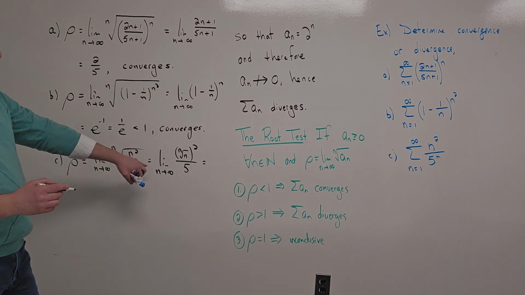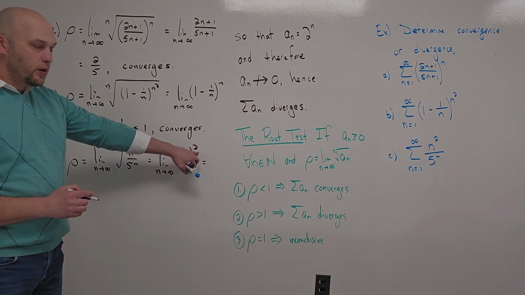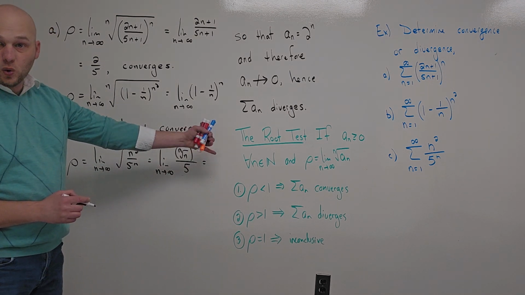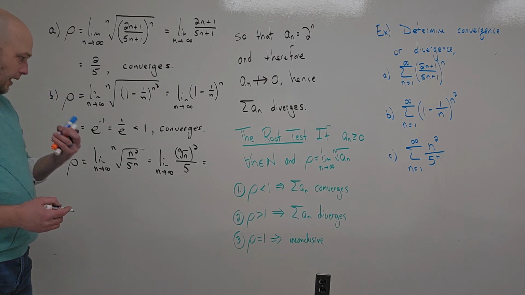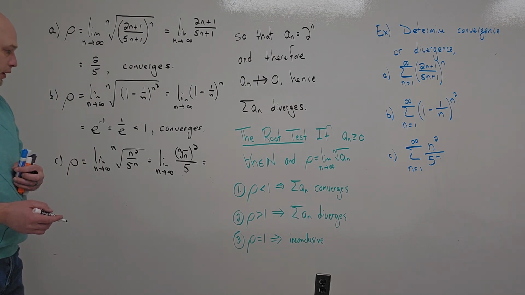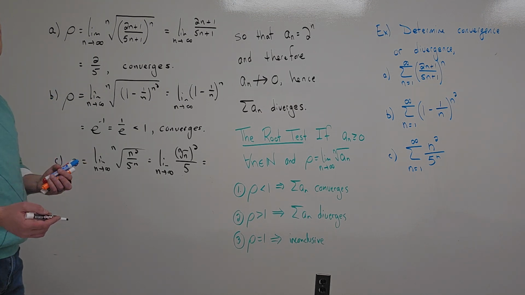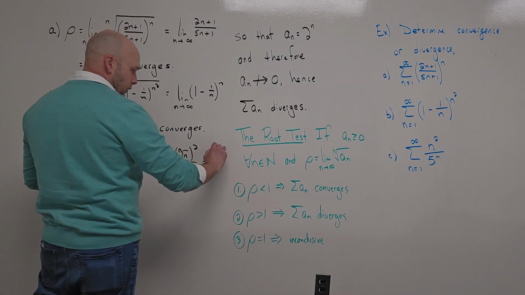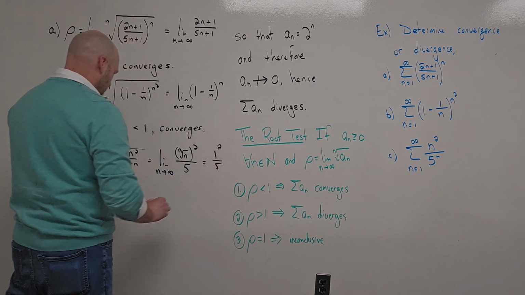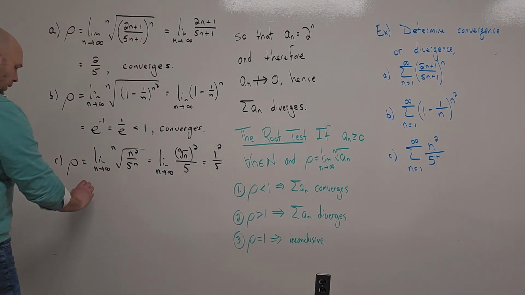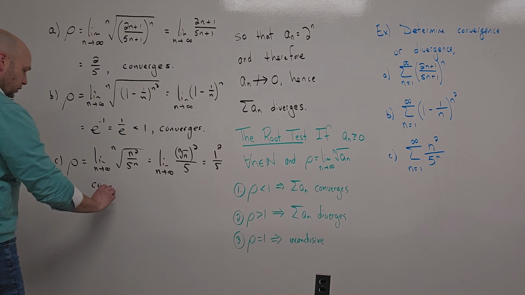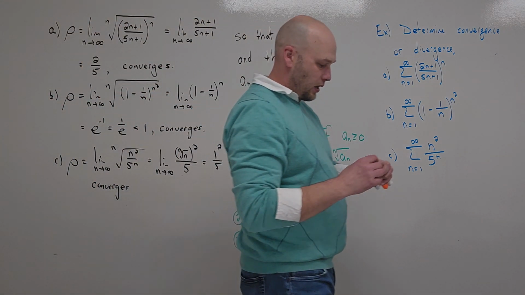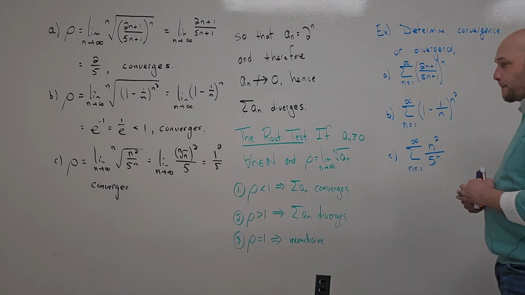And then, using continuity, the limit of the square is the square of the limit, meaning I can take the limit of the nth root of n first and then square that. And the nth root of n is one of those common limits that you've learned in your section on sequences, which is 1. So that's 1 squared over 5, which is less than 1. Therefore, this series also converges. So all three of these series converge.